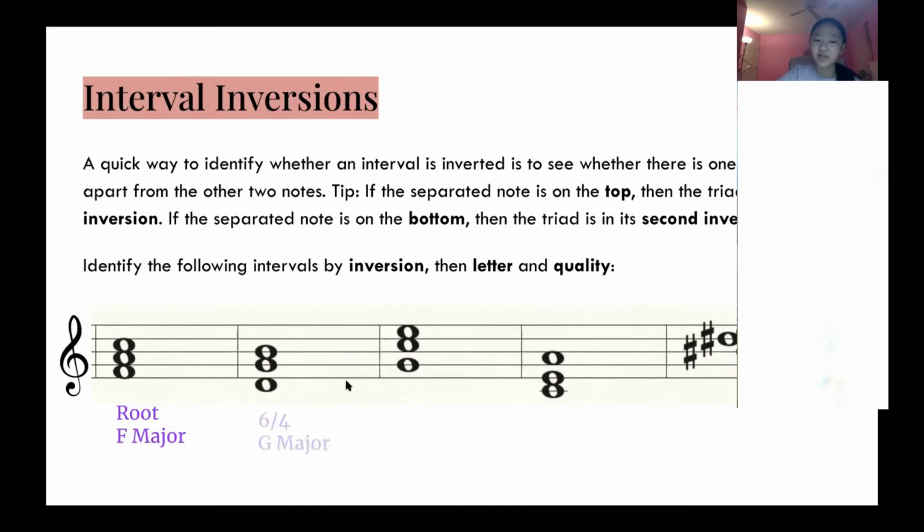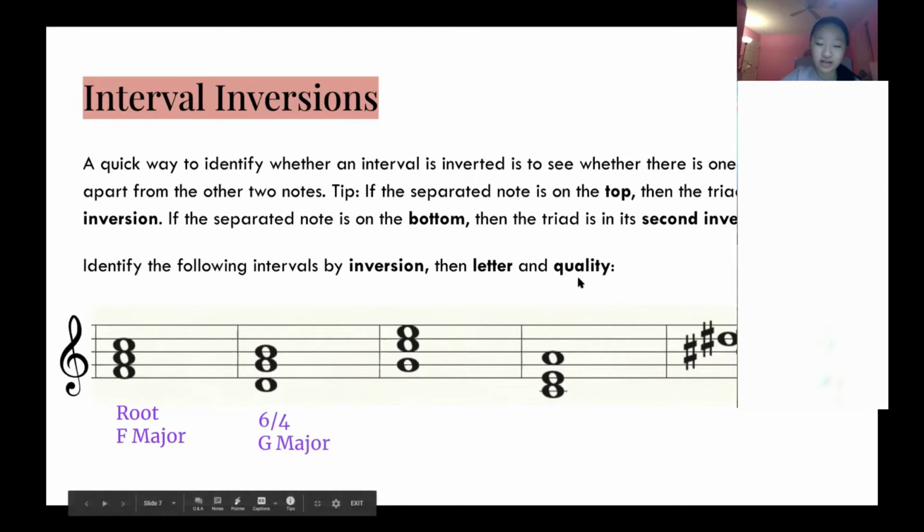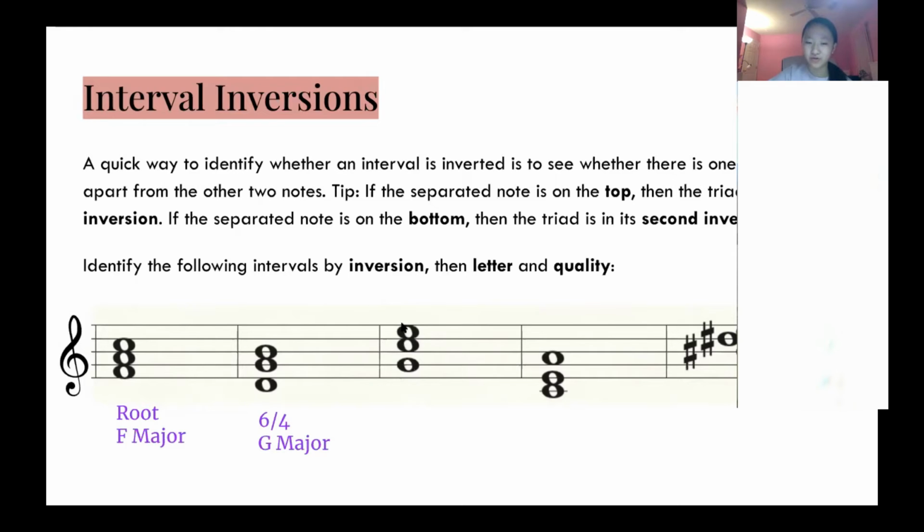Very good. We have G, B, and D, and that's a G major chord. And remember, 6-4 means second inversion, so you're correct. So we know we're in second inversion, right? Okay, so we have the notes G, C, and E. Try to rearrange those notes to get the order and which note should be on the bottom.